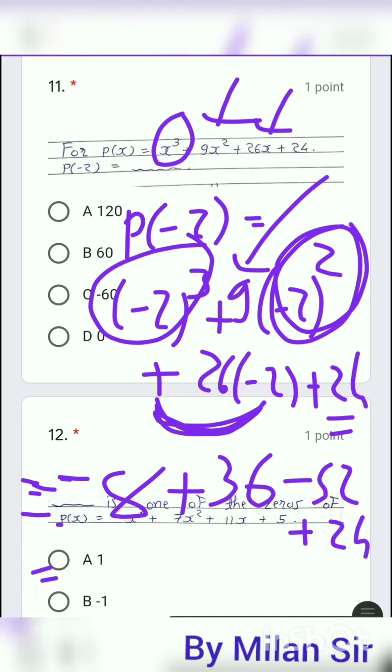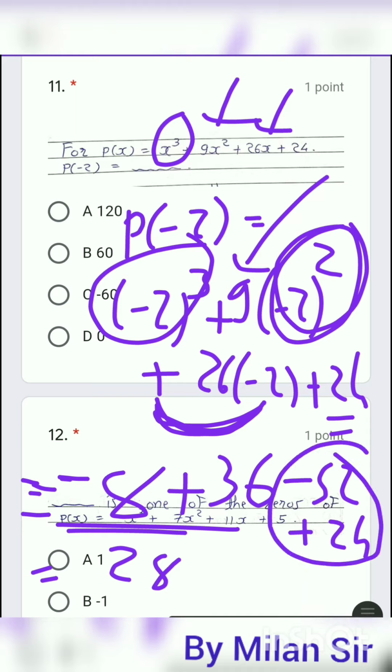Now here the first two numbers: plus 36 minus 8 is 28. The big number 36 has a positive sign, so positive sign. And here, minus 52 minus 24 is 28, right?